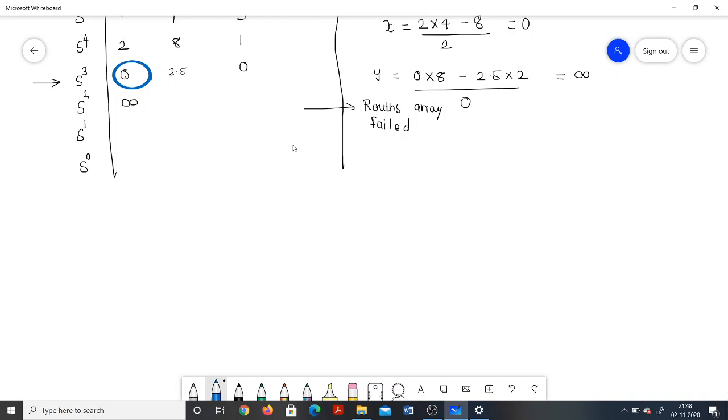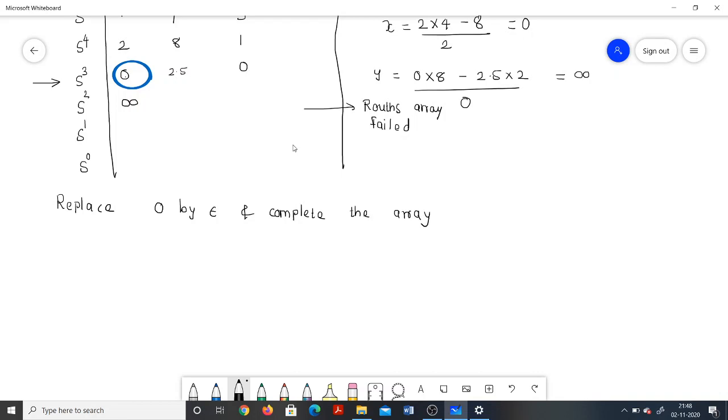So I will replace 0 by epsilon and complete our array in the same way, no other method.